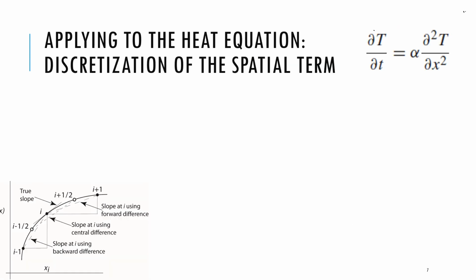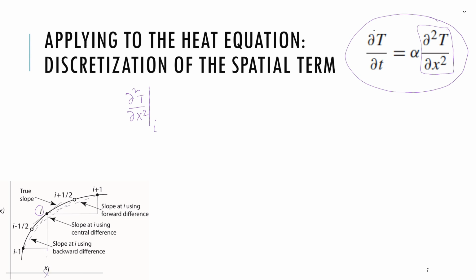Back to the heat equation. We will apply the formulas that we just derived to the heat equation. That's this one back again. And first, we're going to apply it to the spatial term. So I want to write a finite difference form for this term at i, which is the location x.